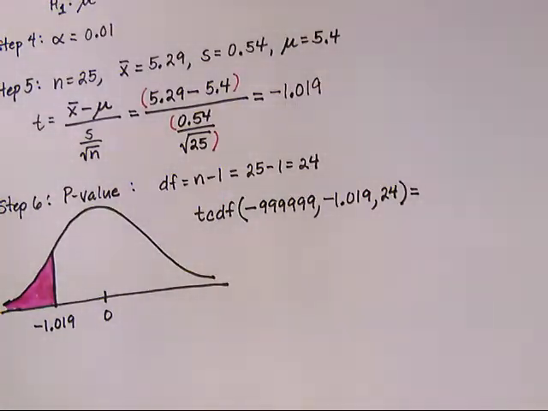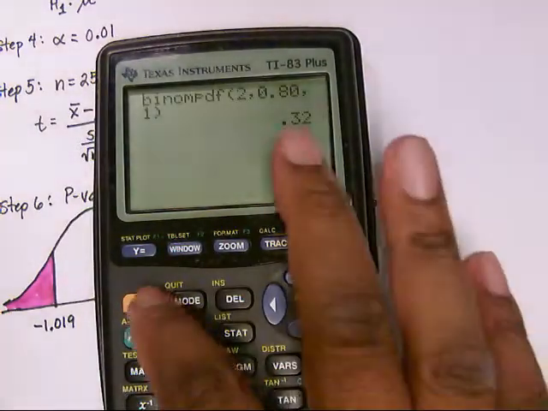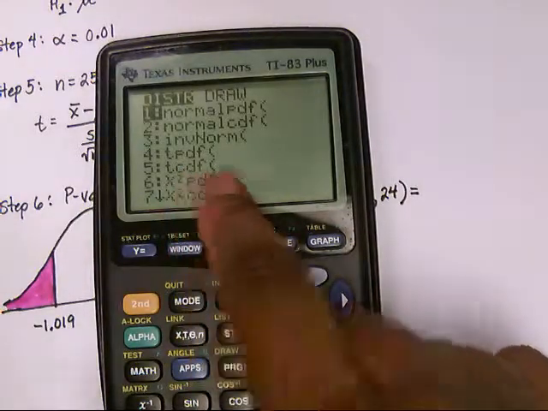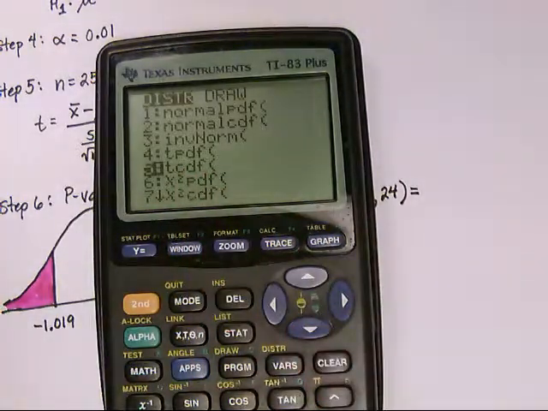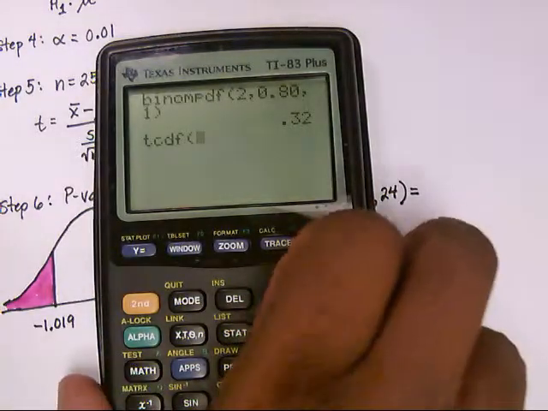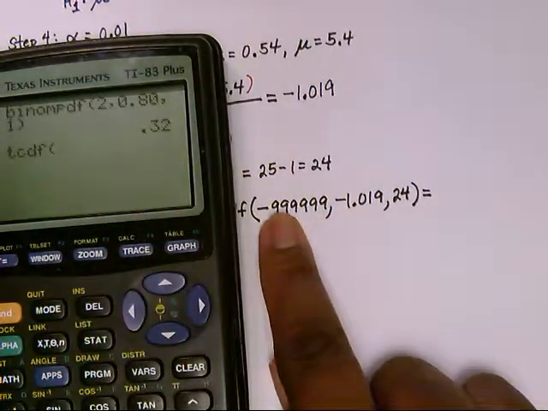Now I'm going to do it both ways using the graphing calculator for the TI-83 and for the newer TI-84 Plus. Let's start with this TI-83 Plus calculator. Do second vars, and then select the one that says TCDF, and it'll give you TCDF with the left parentheses. So here, this is where we enter this.